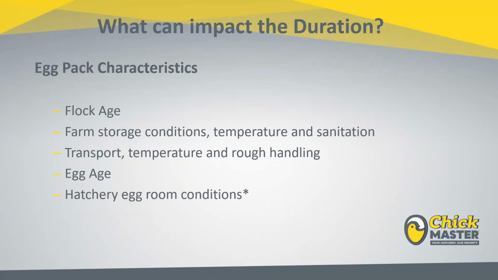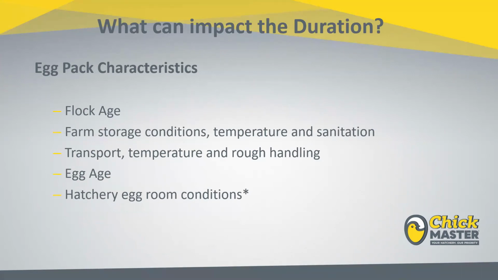Now, once I exceed the 5 days, then it's a slow decrease as far as hatch is concerned over a period of a few days. But once I get up to day 8, day 9, day 10, day 11 of storage, then I really start to see a huge increase in, normally it's documented as, early dead.